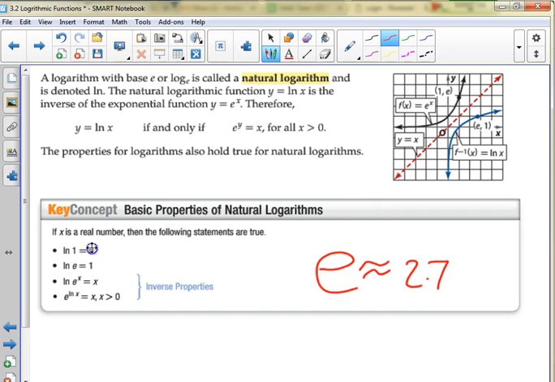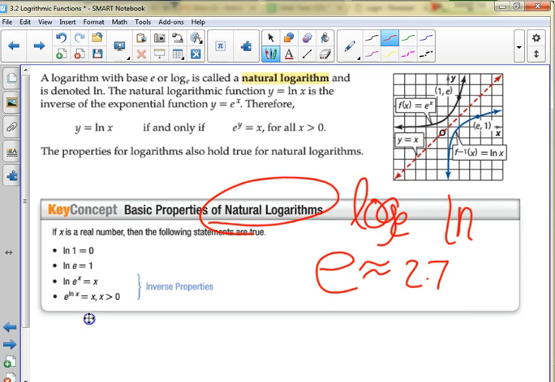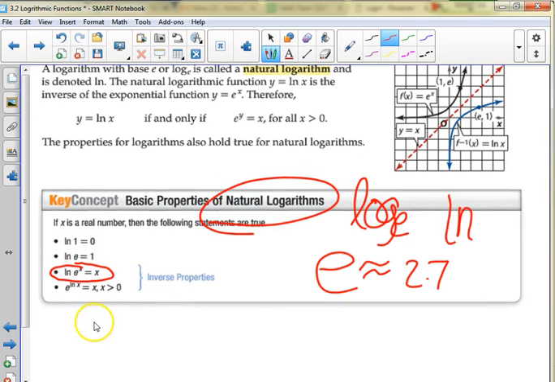Okay. They use, instead of writing log base e, they call it ln, or natural log. Okay. So this is what you need to know from there, that the natural log and base e cancel each other out here.